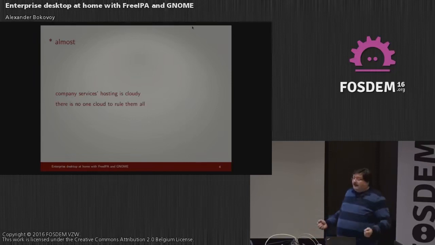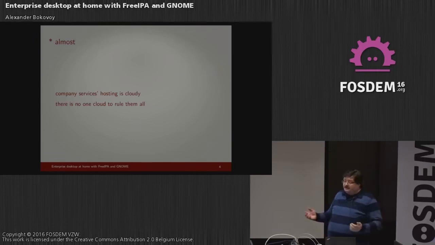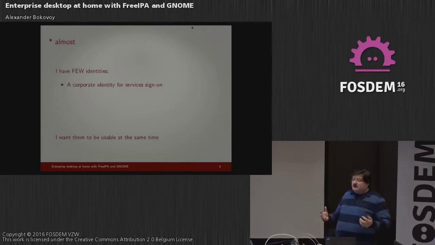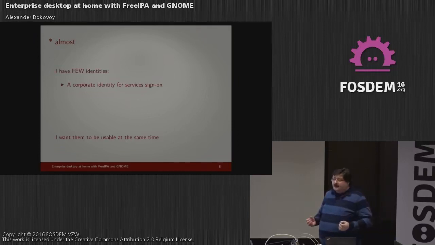At the same time, the company services are always cloud, and there are actually many clouds that these services utilize. Some clouds are internal, some are external from external providers, and effectively you get into a situation that you have multiple identities disorder.